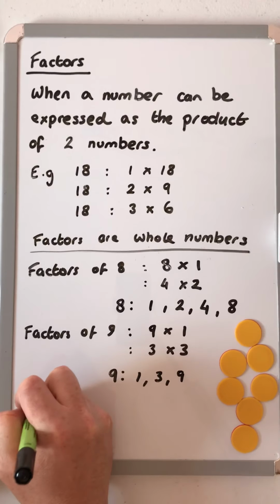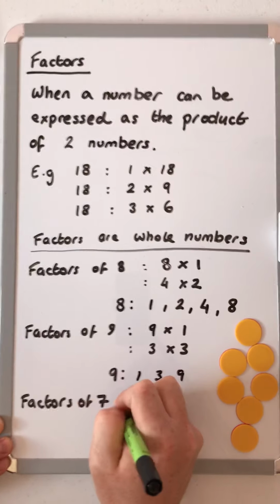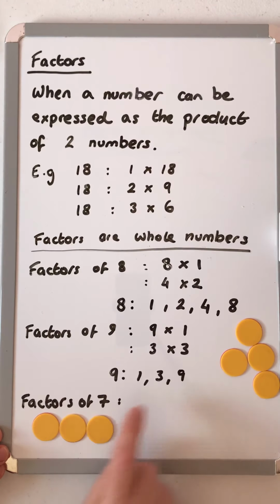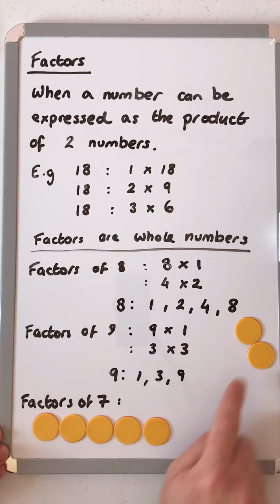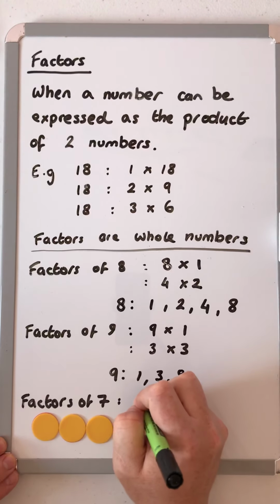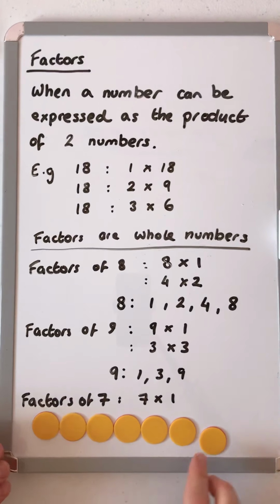Let's do the factors of 7. So what can we do with 7? 1, 2, 3, 4, 5, 6, 7. So we've got our 7 by 1. Can we do anything else with it?